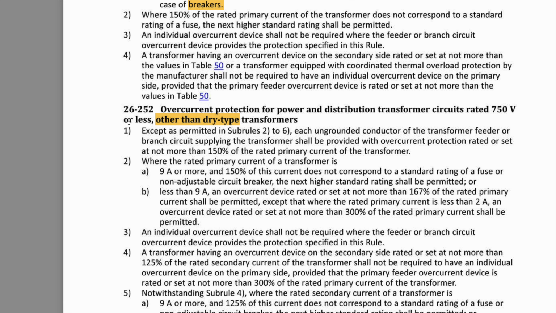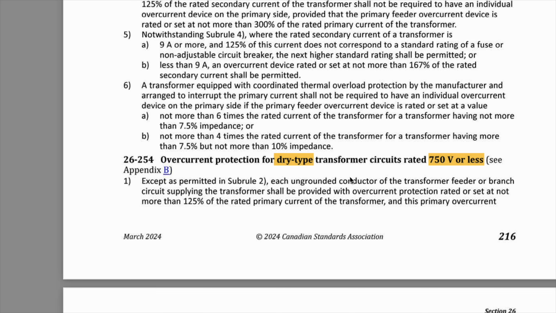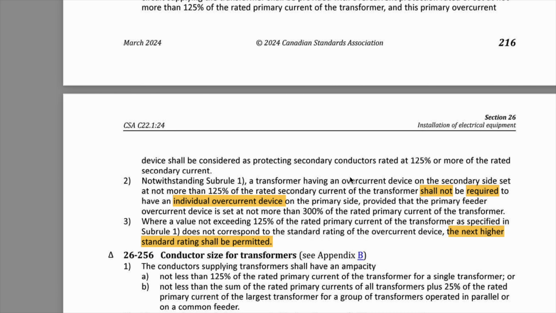So we go to rule 26-254, which is about dry type transformers of 750 volts or less. Here we can find that for the overcurrent device we can add a 125 percent correction factor.